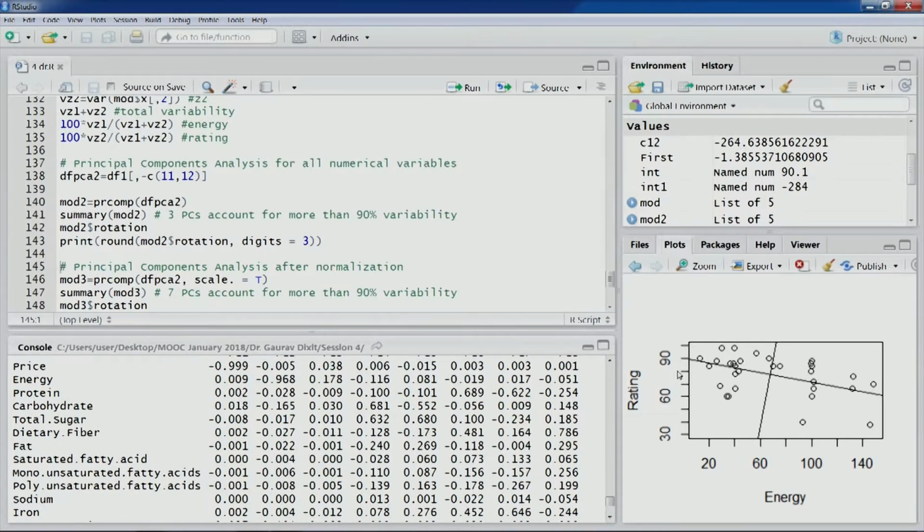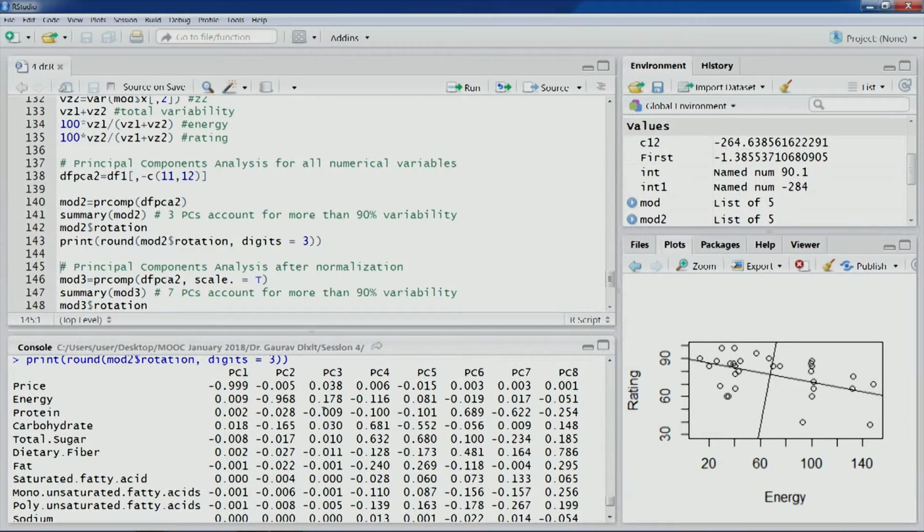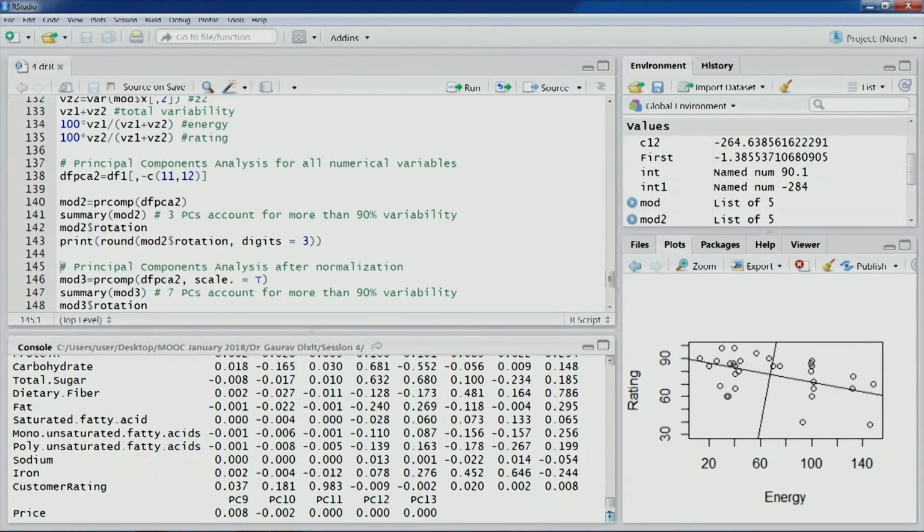Now let's look at the first principal component, PC1, and see which original variables are contributing to it. You would see that price is minus 0.99. So the first principal component is mainly determined by price, and the other original variables contribute insignificant amounts.